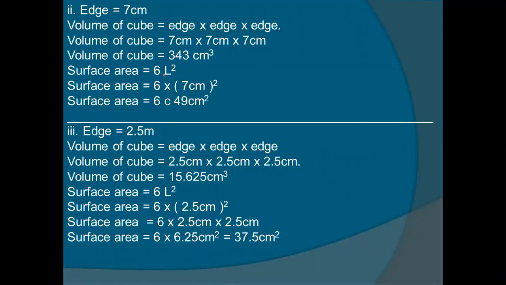And the second part of the same question, surface area, is equal to 6L square. The value of L is 7 centimeter whole square. 7 centimeter whole square is equal to 49, and here it is the multiply.